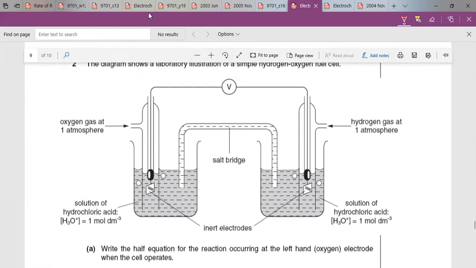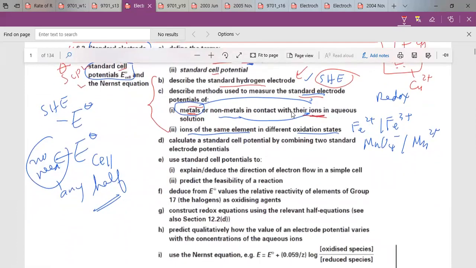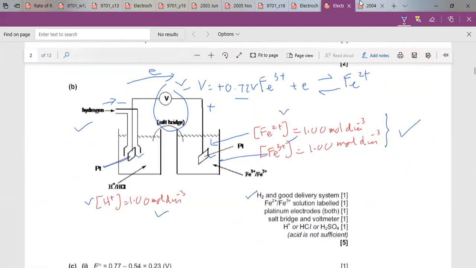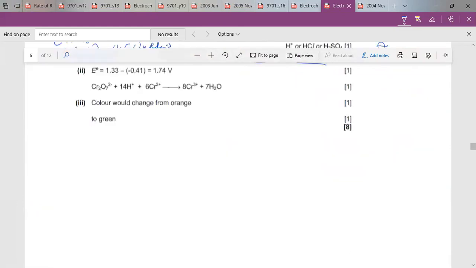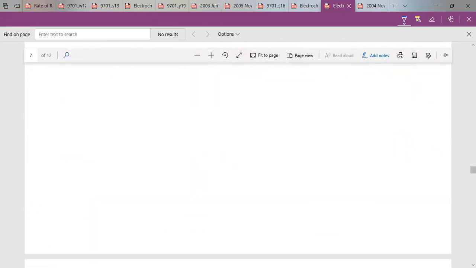Now let me go back to the original thing here. Remember, we have done metals and the ions. We've done non-metals, for example, chlorine gas with Cl minus. Maybe I'll show you the one. I got one here, chlorine gas, just to finish the thing. I got one question here.